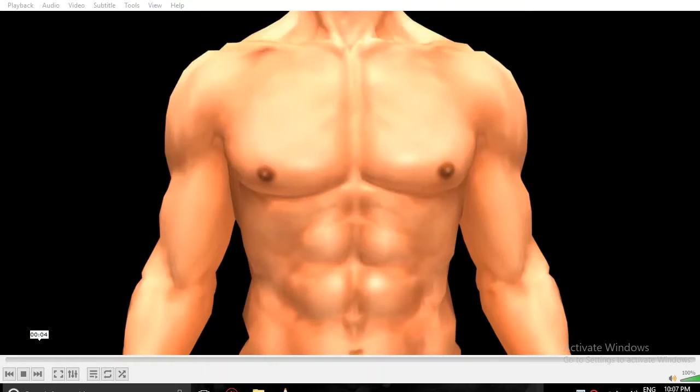So students, in this part we will see the actual mechanism of the breathing process which happens inside the thoracic cavity. How the movement of the diaphragm affects the size of the thoracic cavity, that we will observe through this animated video of the mechanism of breathing.